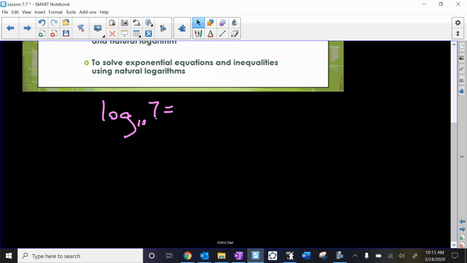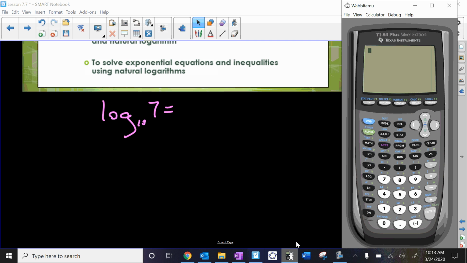And so base e, this idea of e is technically a number. You can plug e into your calculator and get a value. So if I pull up my calculator, you should see a button on here that says e. Mine is right there over the division sign. So I'm going to go second, divide, and I get e.